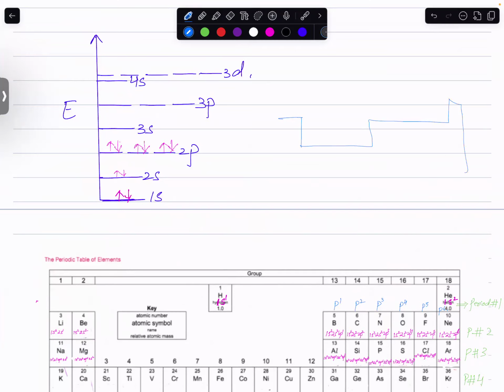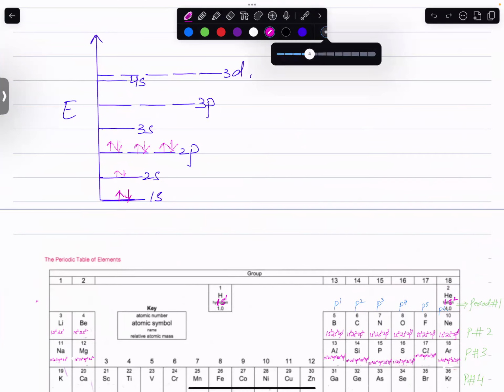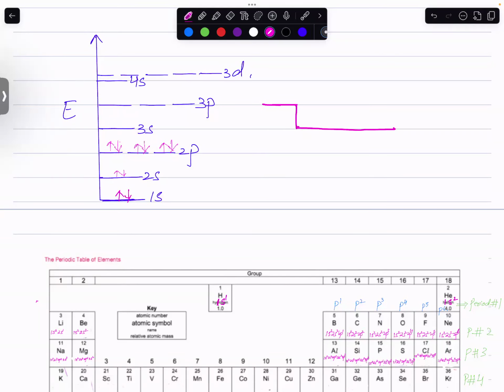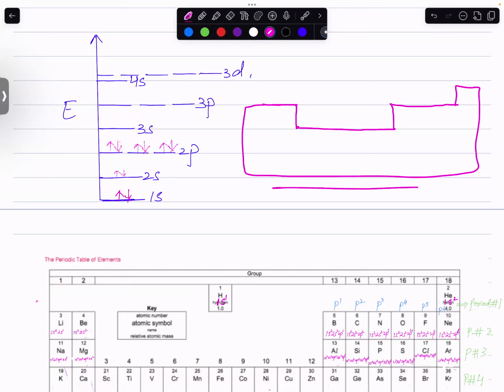In the whole periodic table, these are s block elements. I'm writing so badly. Wait, let me do it. There are 2 rows also.